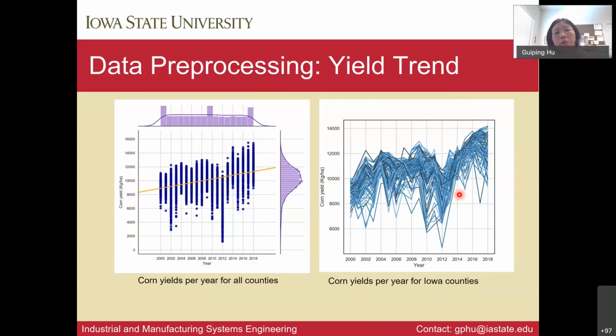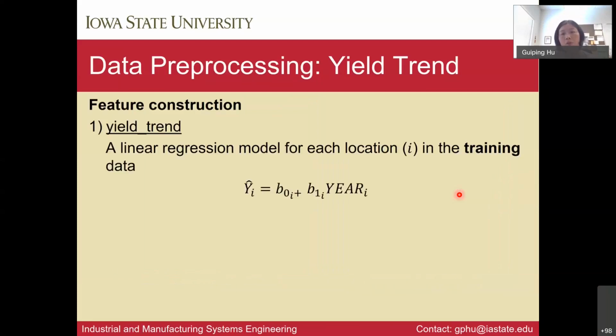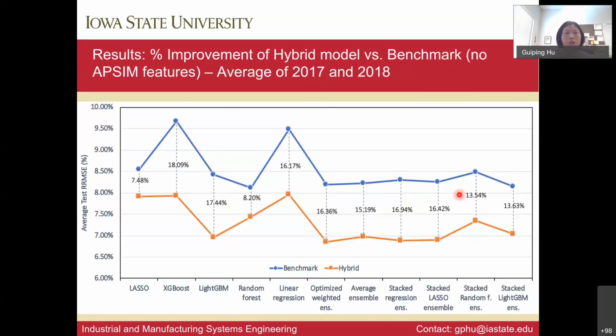In this case, we first plotted the trend to understand the county-level variations. Then we did some feature construction in terms of yield trend as well as historic yield average. By doing that, we were trying to capture some of the information that tends to be overlooked if we just throw everything into the machine learning model. So we constructed some features.